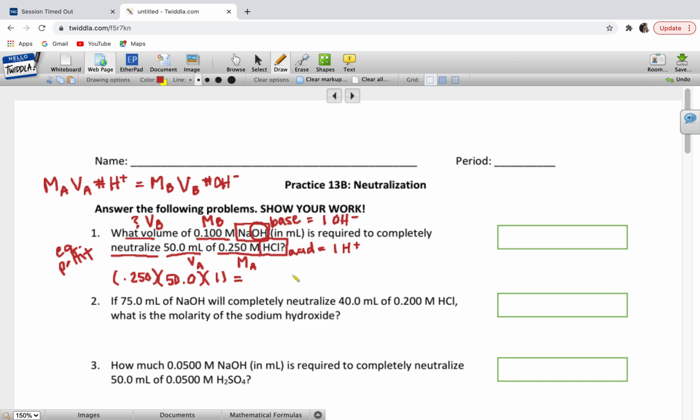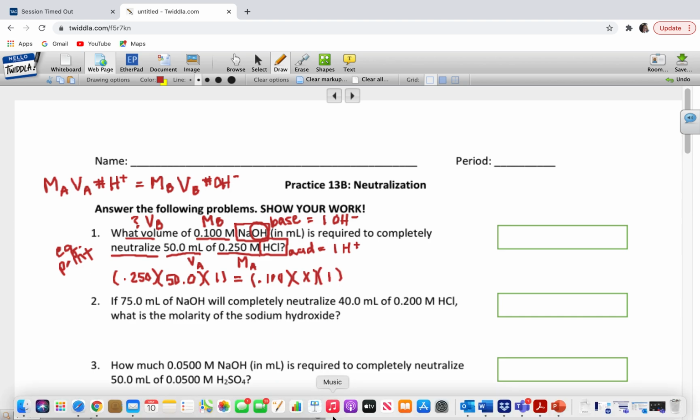On the other side, we have a molarity of 0.100. And the volume of the base is unknown, so that's where we're going to put an X in. That's what we're trying to figure out. And when we looked at the chemical formula for sodium hydroxide, there's just a single hydroxide ion on there, so we dropped the number 1 in there for the number of hydroxides.